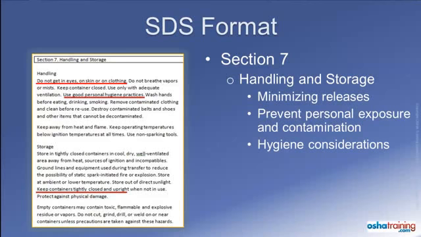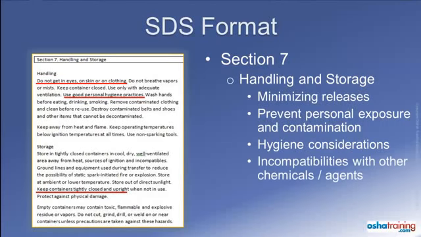For example, prohibitions against smoking, eating, or drinking in or near areas where the product is being handled. And when the product is being stored, there may be a need to avoid certain incompatible materials or agents such as high heat or water that might cause the product to react.